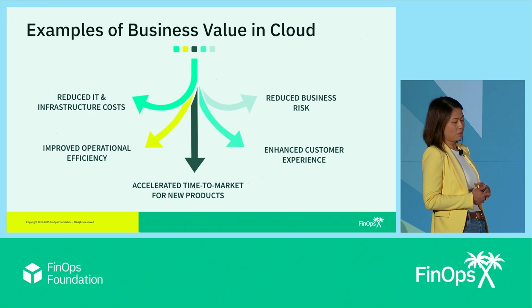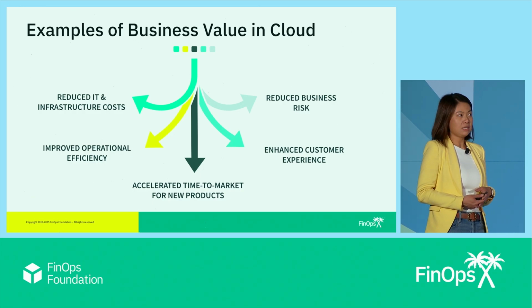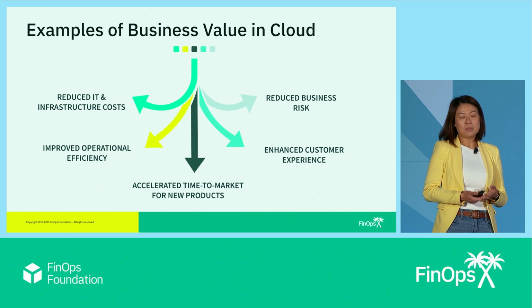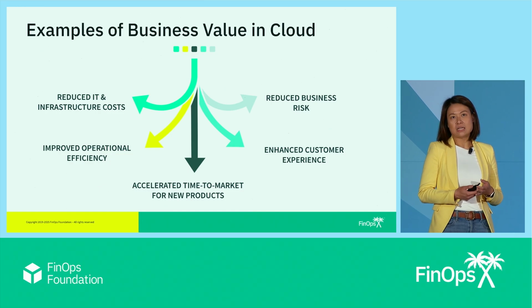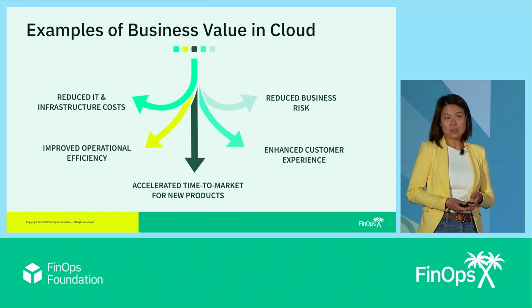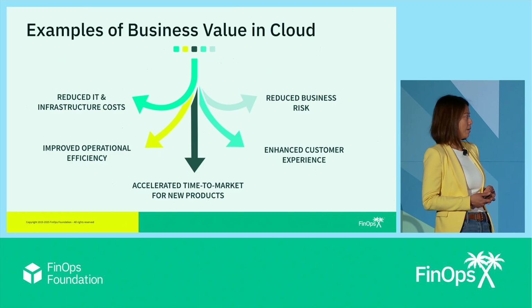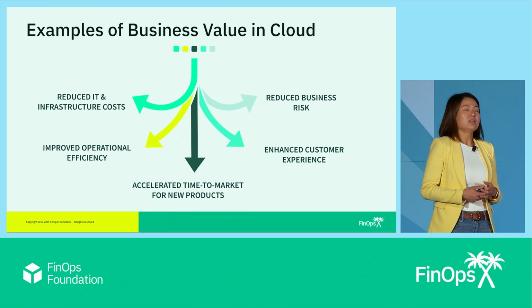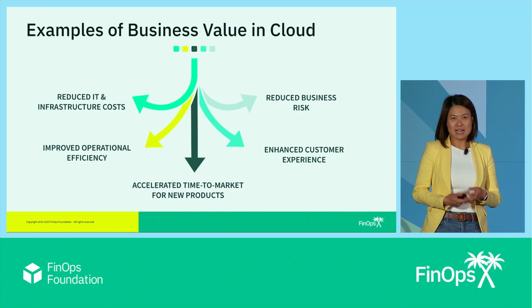With cloud, there also come improved operational efficiencies, where developers can reduce their development cycle, having faster speed to market through access to environments at a quicker pace and accelerating DevOps. In terms of enhanced customer experience, this is where things like AI may come into play.